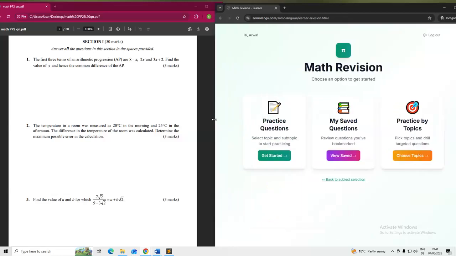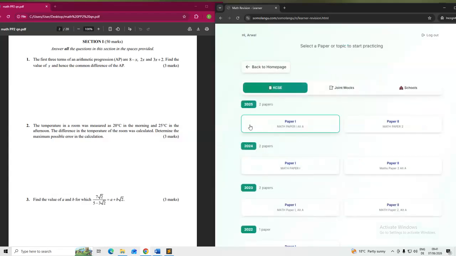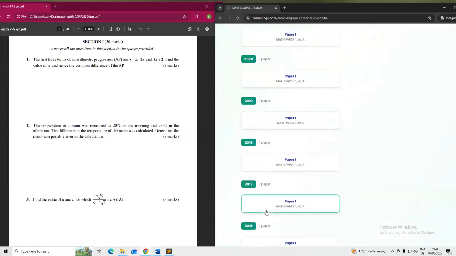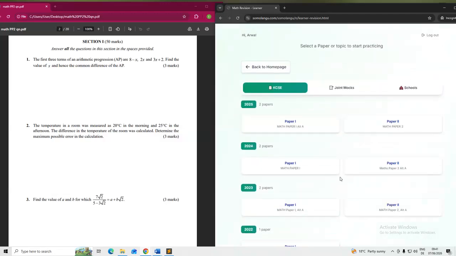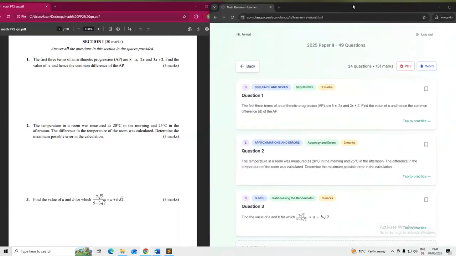So here we are. We go to practice questions, and we can see we have questions from 2025 KCSE questions up to as far back as 2016. Our interest today is the 2025 paper. So here we are.